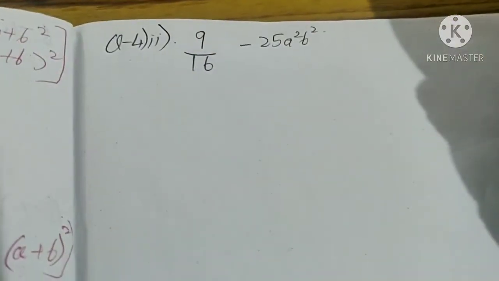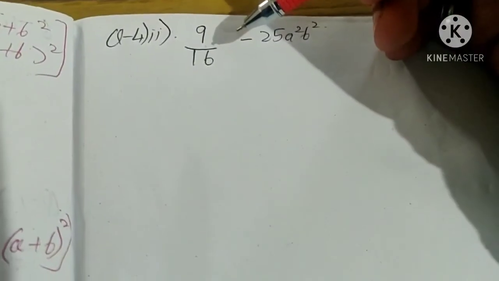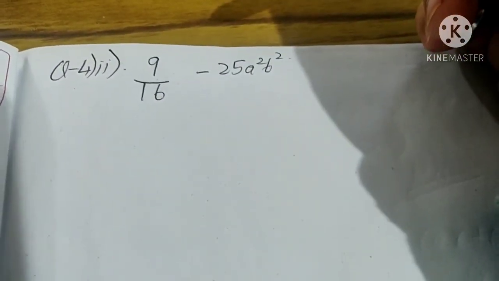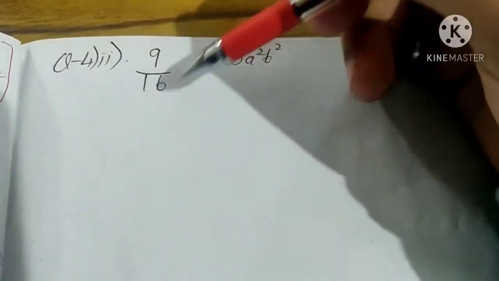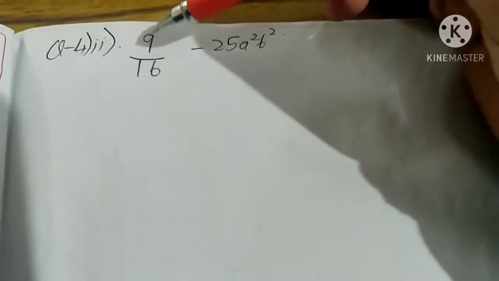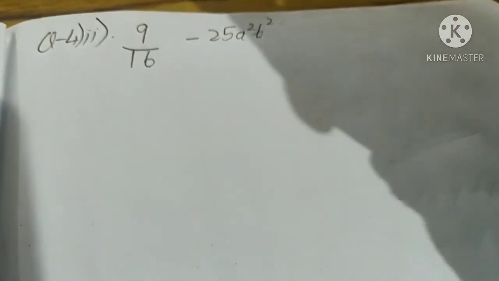So our next question here is 9 upon 16 minus 25a square b square. So we have to check whether it is in the form of whole square or not. That is, there are only two terms and two terms were used only in a square minus b square. So we will check whether the first term and the second term both are in the form of whole square or not.